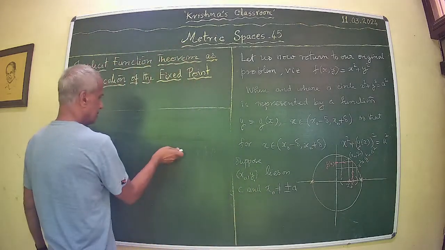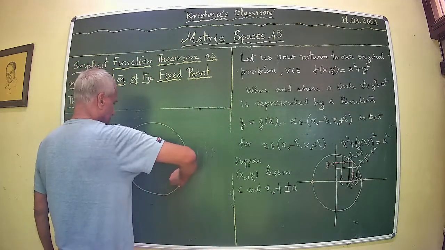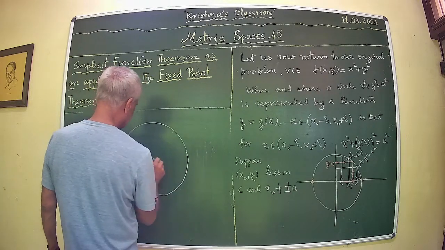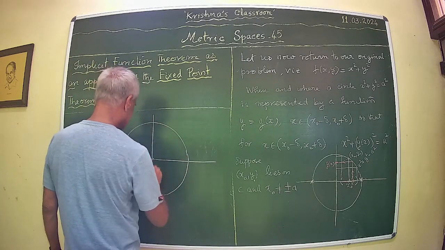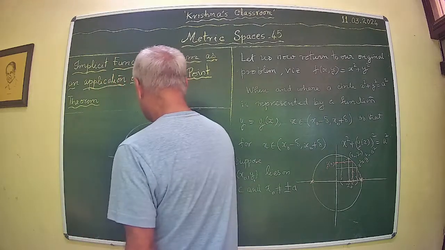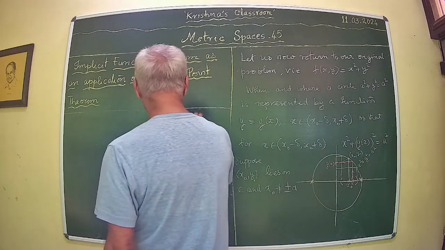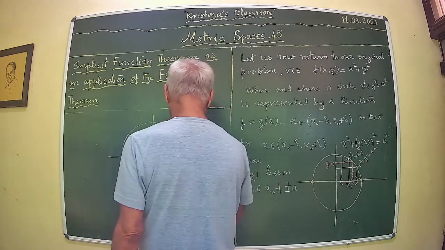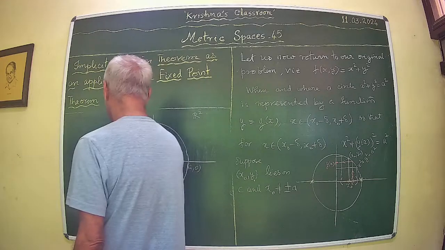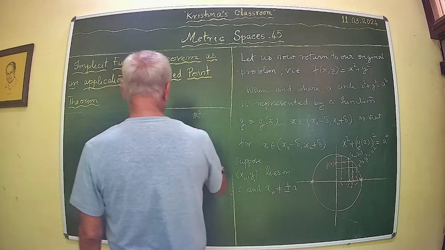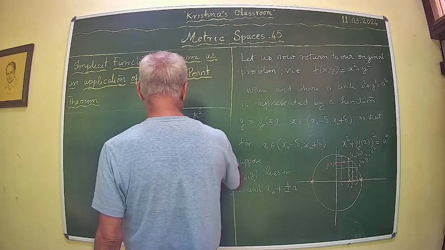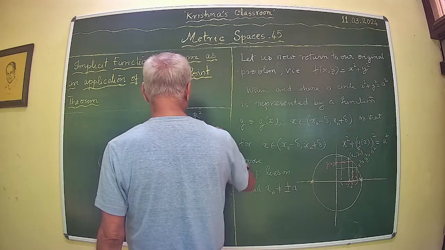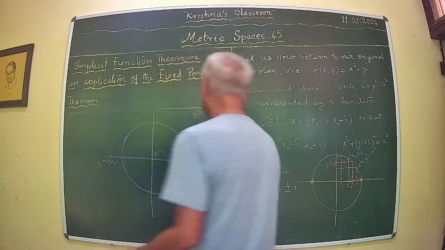So we take the circle. This is the center, the point 0, 0. This is R. And this is A 0 and this is minus A 0 and this is A square.